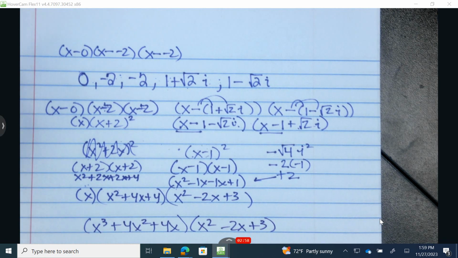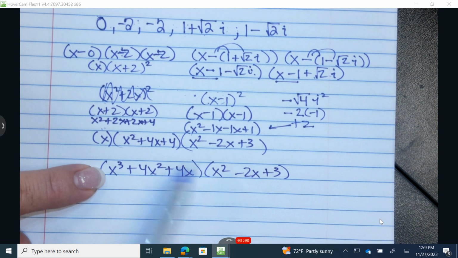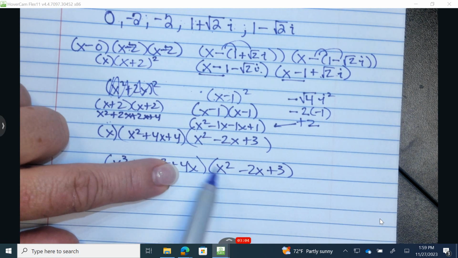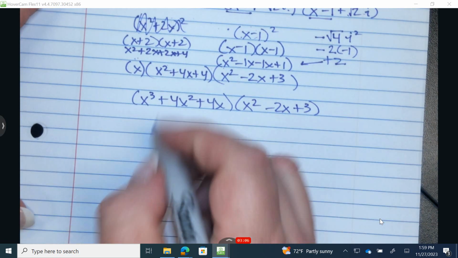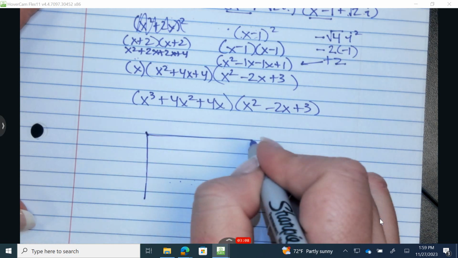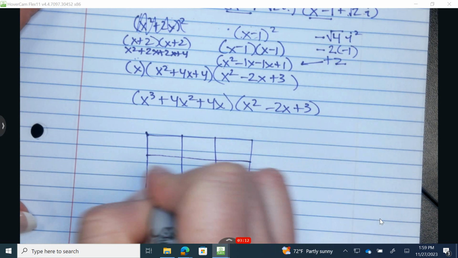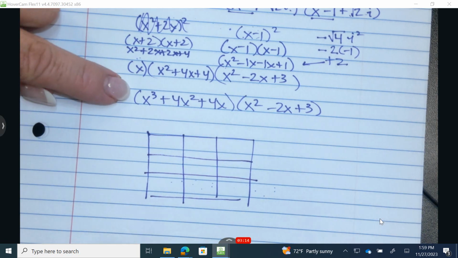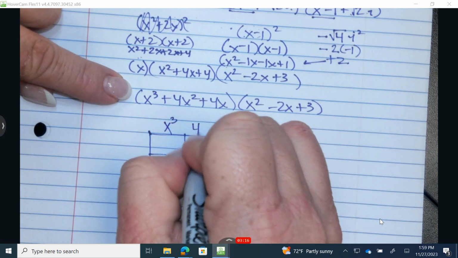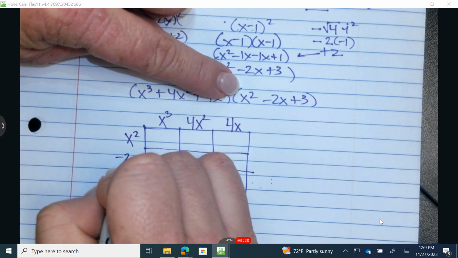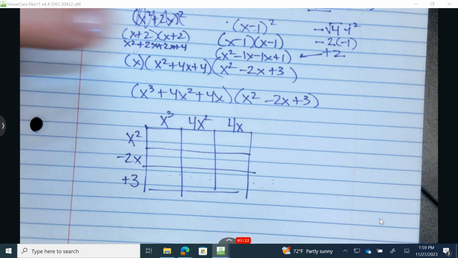Now what we could do is you could do 9 times. So distribute, distribute, distribute. There's 3 more, there's 3 more, and combine like terms. I'm going to choose to make a 3 by 3 box. Okay, so x cubed, 4x squared, and 4x, x squared, negative 2x, and a positive 3.